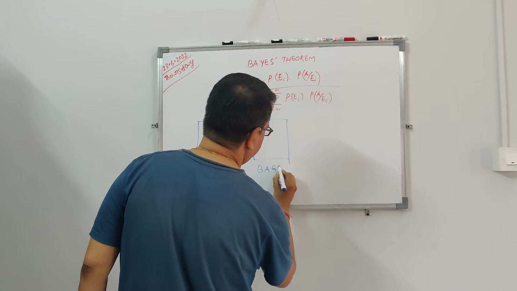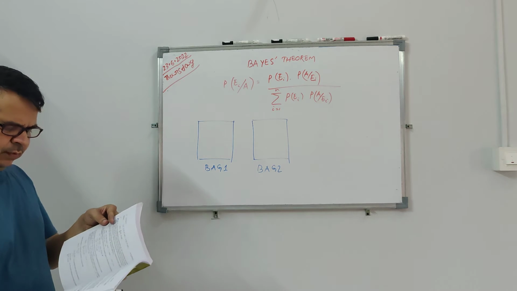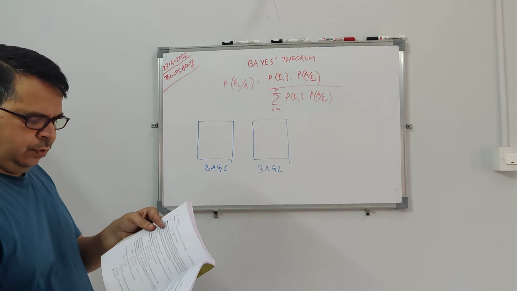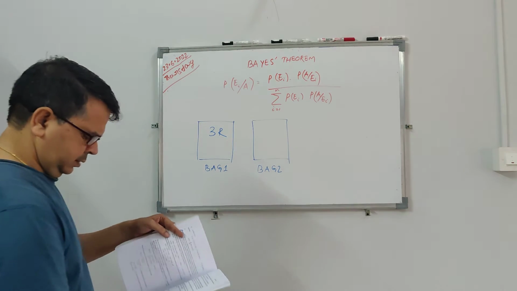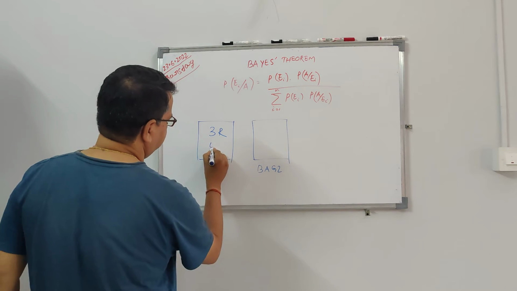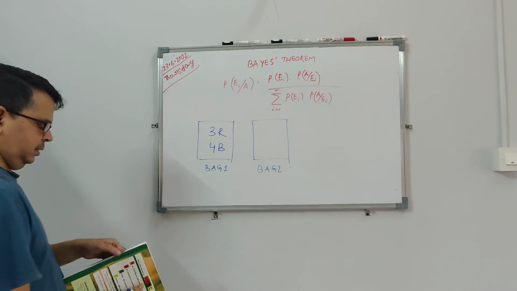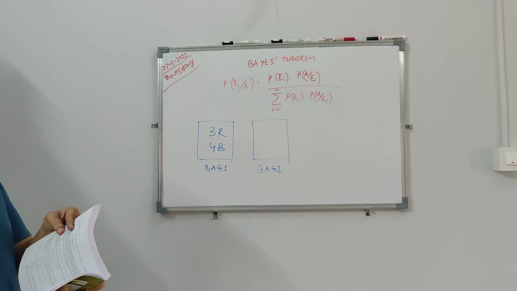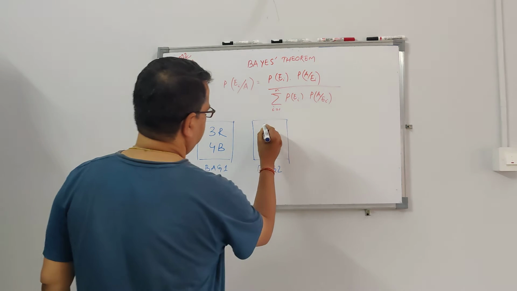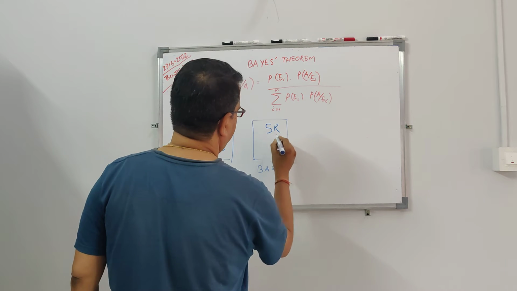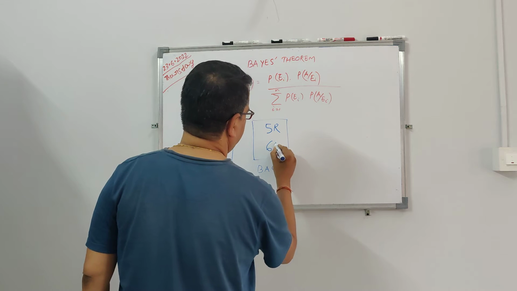Bag 1 contains 3 red and 4 black balls. And bag 2 contains 5 red and 6 black balls.